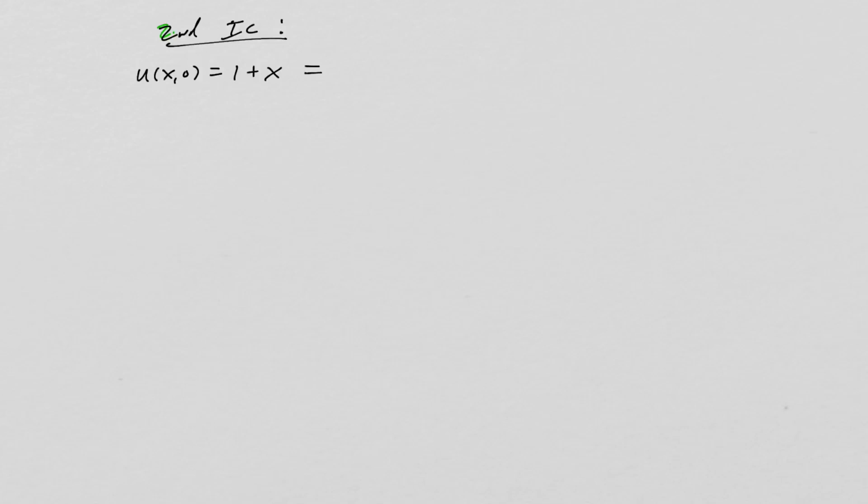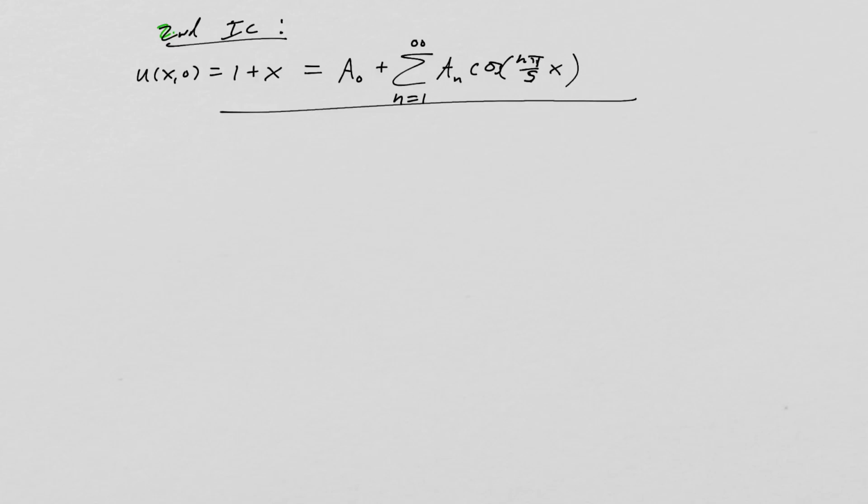And that's going to be equal to, again, a naught plus the sum, n equals 1, goes up to forever of a n times cosine of n pi over 5 times x. Right. So clearly we're going to have to use the cosine series formula in order to solve.